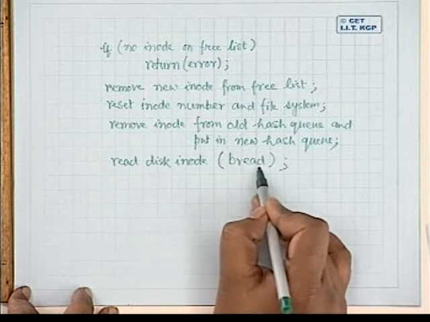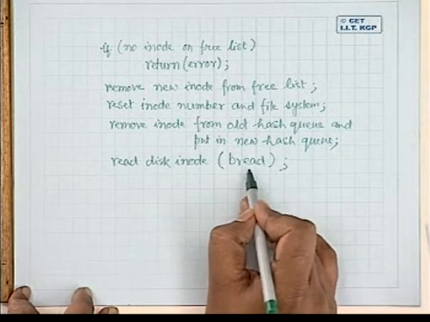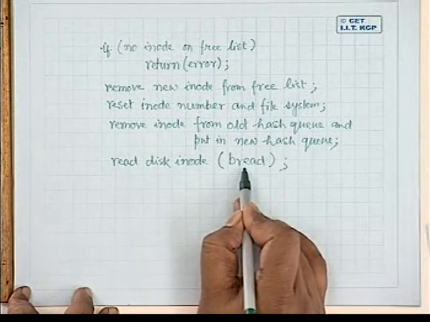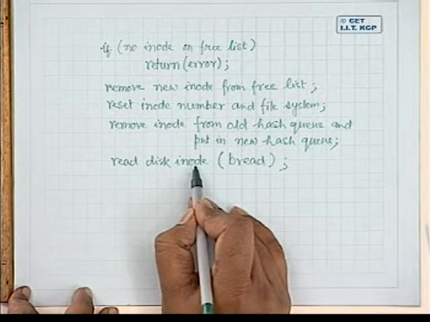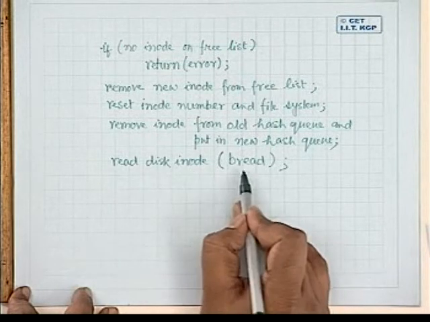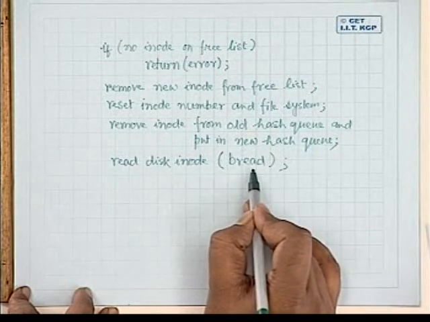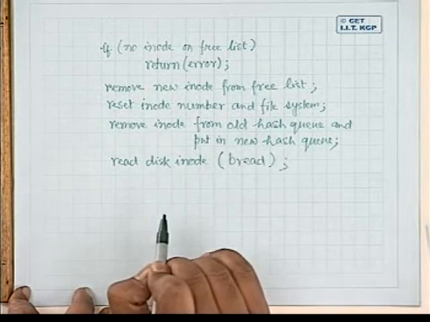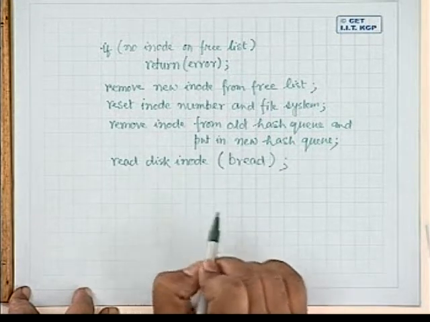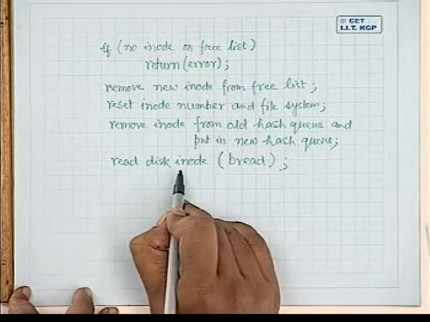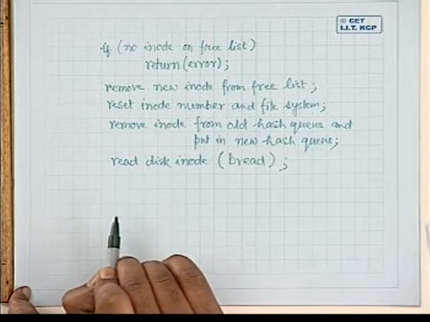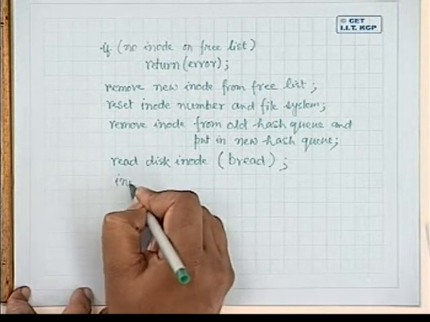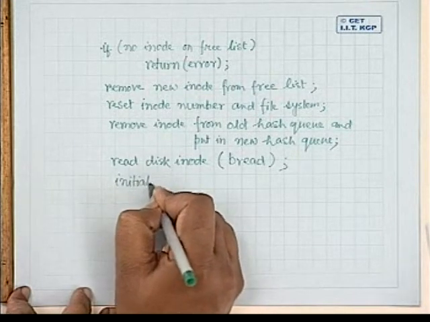So you make use of this block read algorithm to read the block containing that requested inode and put this inode into the new inode. Following block read algorithm, the block containing the inode will be placed into a buffer cache. You filter out the inode from the buffer cache and put that into the in-core inode. After that, I have to initialize the inode.